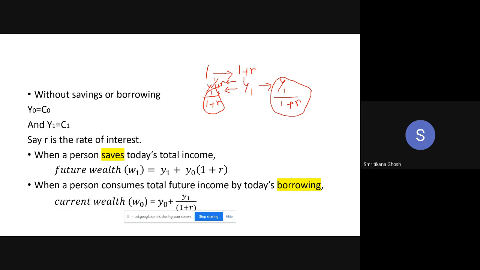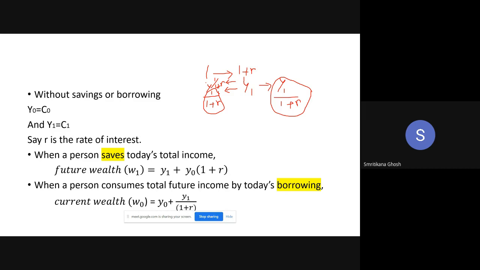Now ask your question. Ma'am, can you explain the first line once more? This one, 1 to 1 plus r? Yes. If I borrow 1 rupee today, then tomorrow I have to pay 1 plus r.